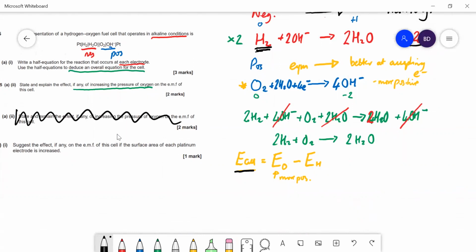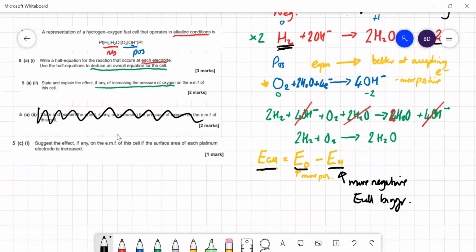E cell is equal to the oxygen, the positive, minus E H, which is the negative. So if you make this more negative, that's going to make E cell bigger. You're going to get a bigger E cell by having a higher pressure of hydrogen.